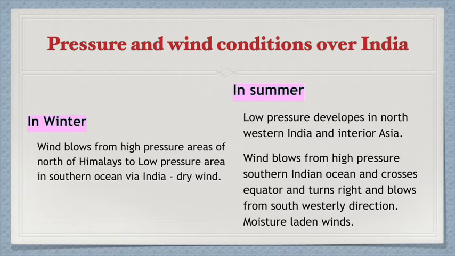In this season, wind blows from the high pressure belt in the southern Indian Ocean, crosses the equator, turns right and blows from the southwesterly direction. Since this wind blows from sea to land, it carries a lot of moisture and brings rainfall to India.